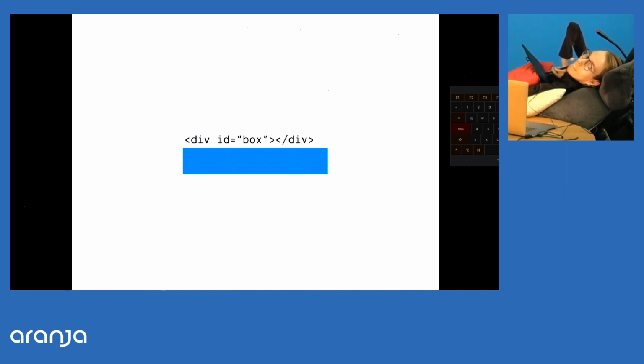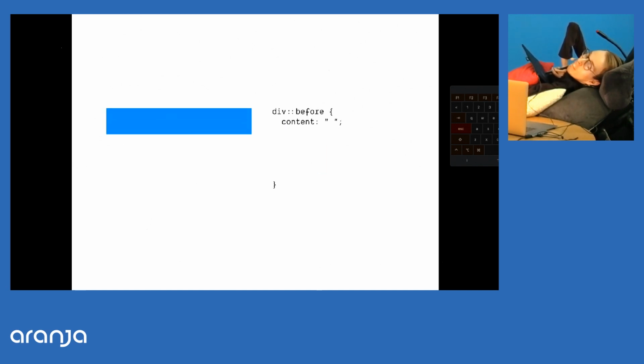So we have this div here, and we are going to add a ::before pseudo-element to it, and just assign it to an empty string. And that's our pink box on the left there. We're going to have a display block, so it fills the width of our element.